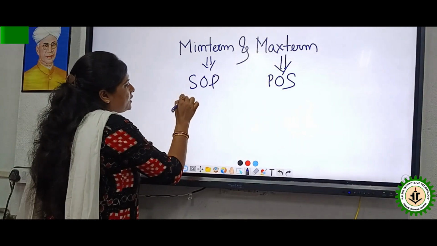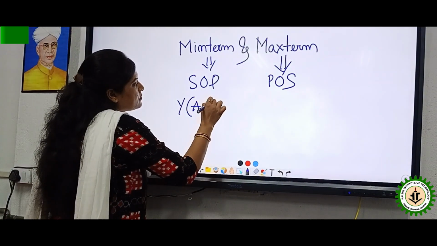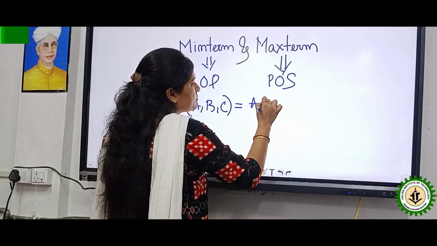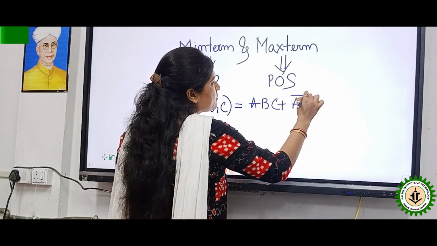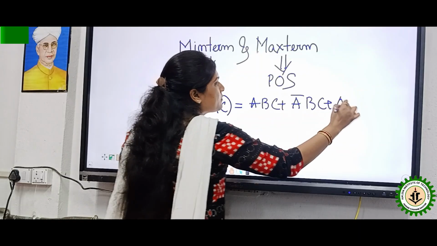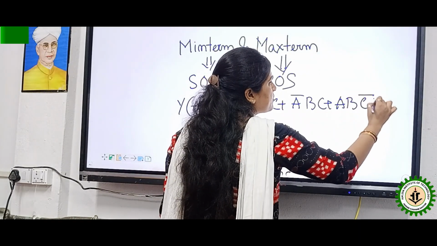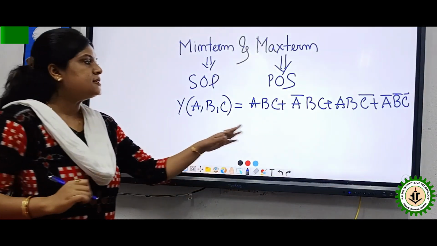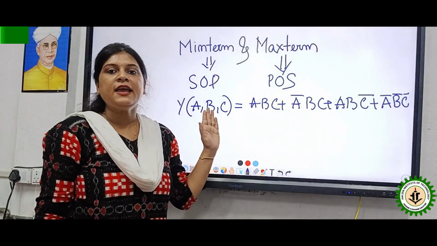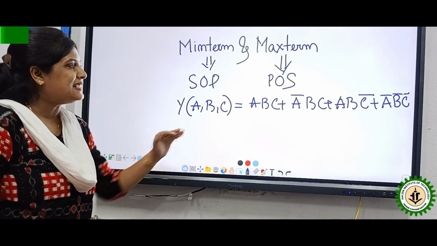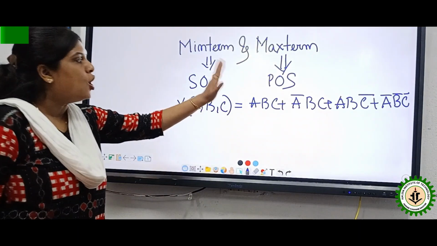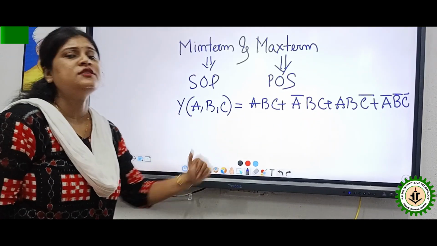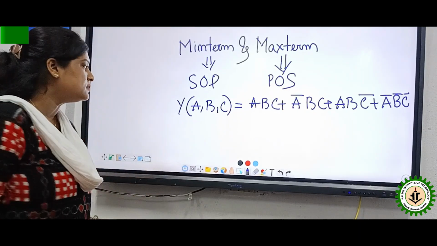For example, if we consider this equation, this is nothing but the SOP, and we can see that in every term all the three variables are present. Now how can we find out the min terms of this particular expression?